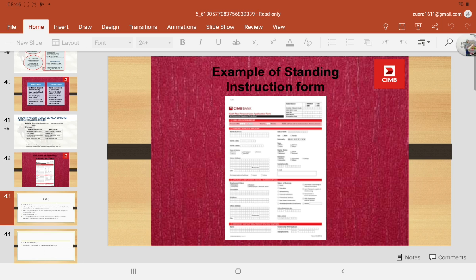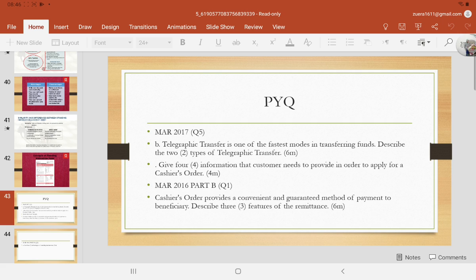Next, you can refer to the past year questions. In order for you to do the exercises for this chapter, you can go through, for example, the past year question March 2017. They ask about the types of telegraphic transfer and the information needed for the cashier order.